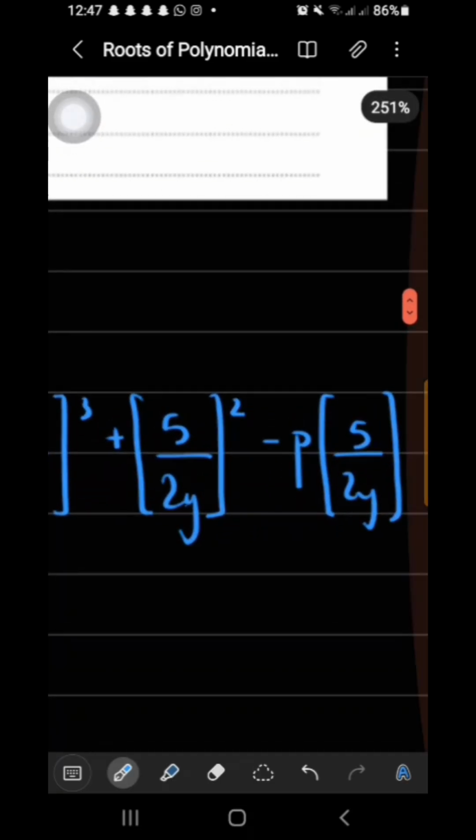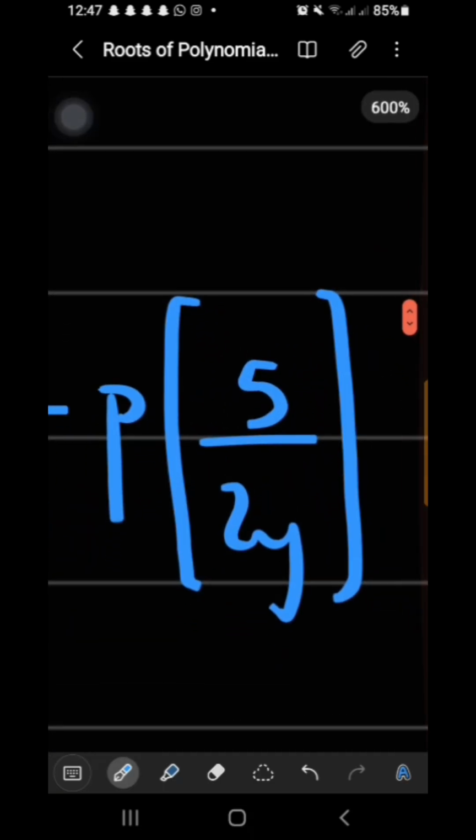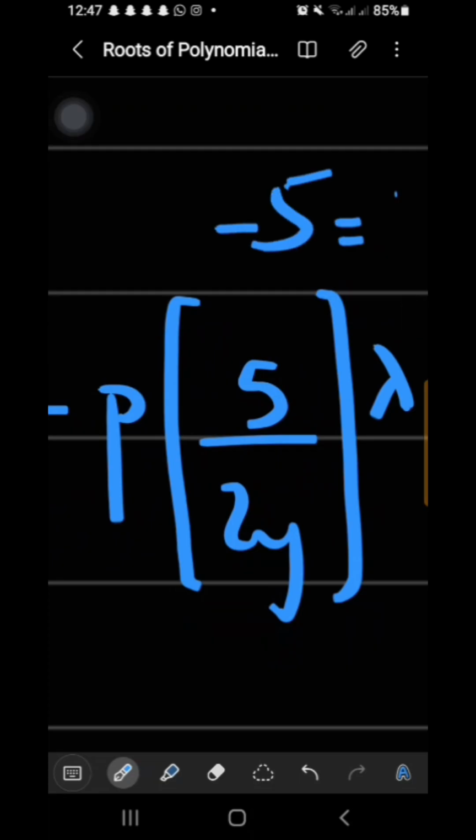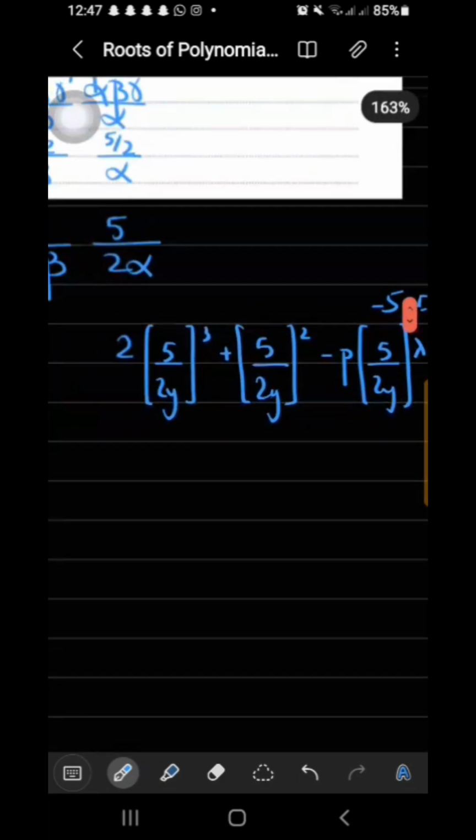Currently I do not have space, so I am making an arrow here, and it is negative 5 is equal to 0. I think you are getting it.